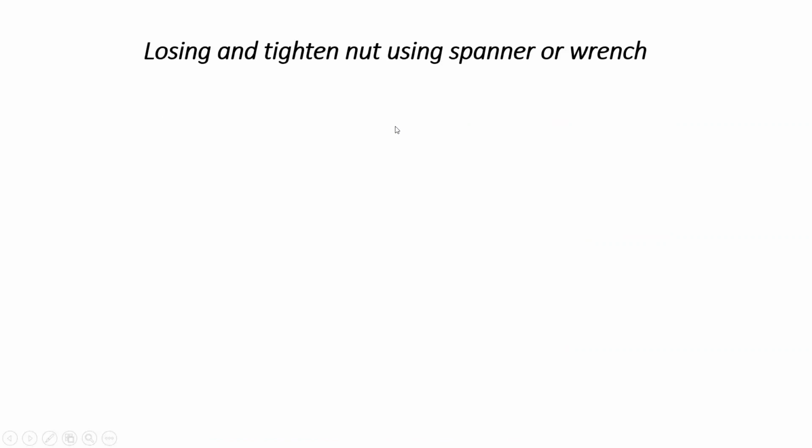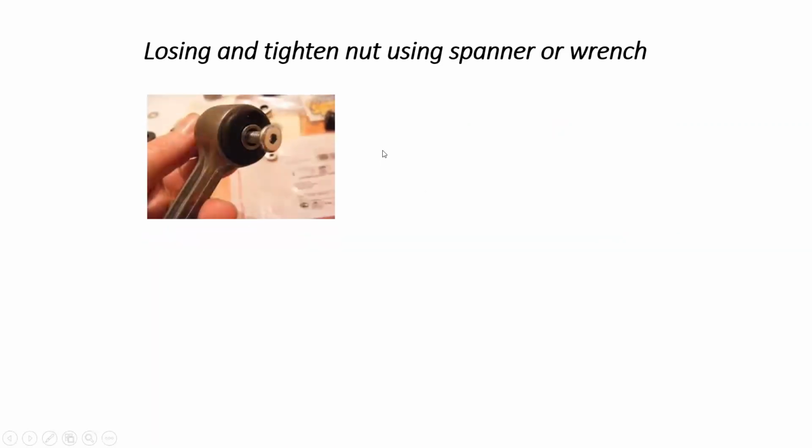Loosening or tightening a nut using a spanner or a wrench is also an example of a moment or a turning effect. Using a wrench or a spanner, you apply a force, like here, if there is a nut, you rotate the spanner clockwise or anti-clockwise.